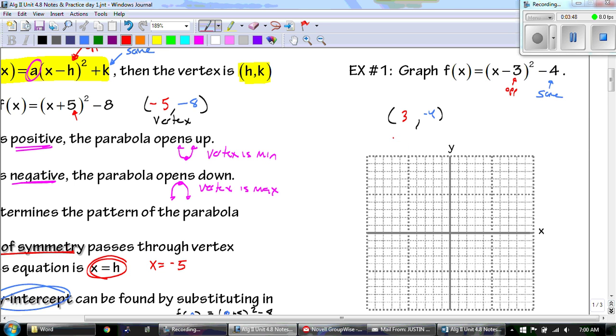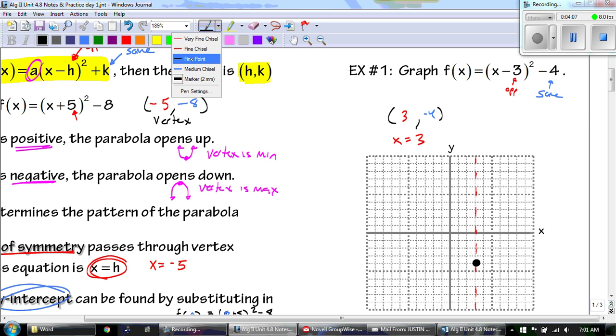Okay, and then my axis of symmetry is x equals 3. So that's the first thing I'm going to do. And then I know that my vertex is (3, negative 4).